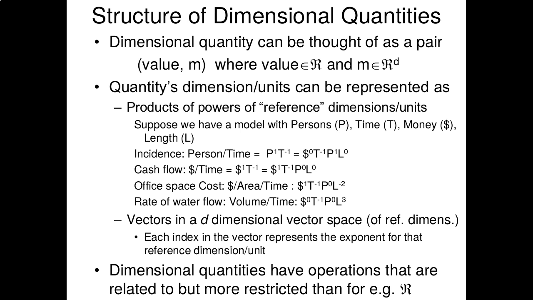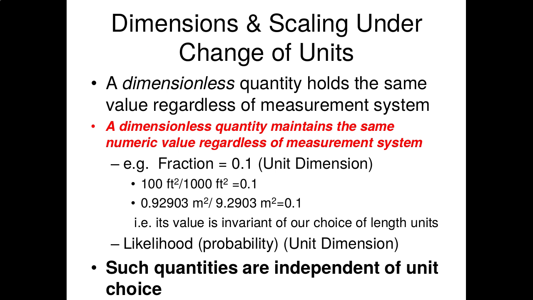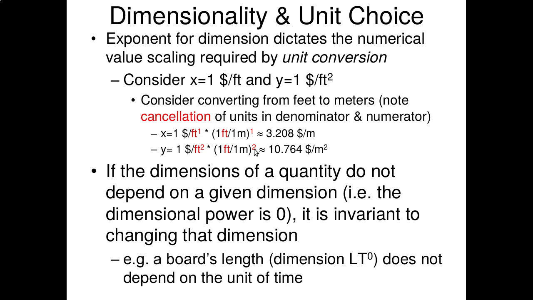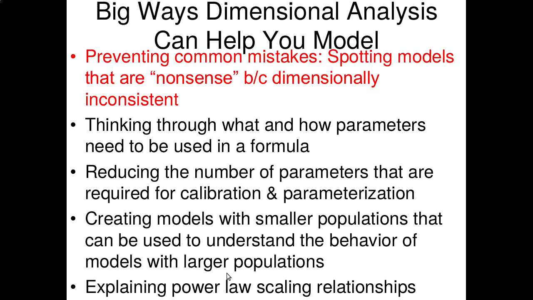If we were talking about the fraction of the area of this table occupied by my tablet, we're talking about something where all the exponents are 0. The units cancel is another way to say it. In short, when we switch from one unit system to another, we multiply by that to the 0th power, and a number to the 0th power is what? 1. So we multiply the number by 1, and we leave it unchanged. So these quantities are independent of unit systems.